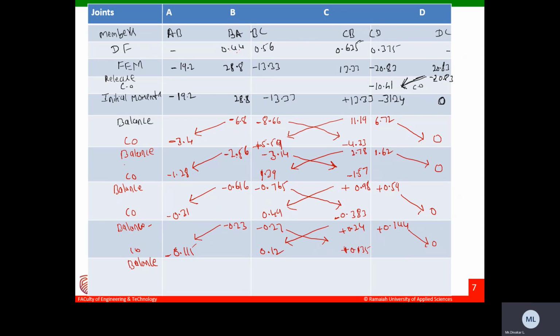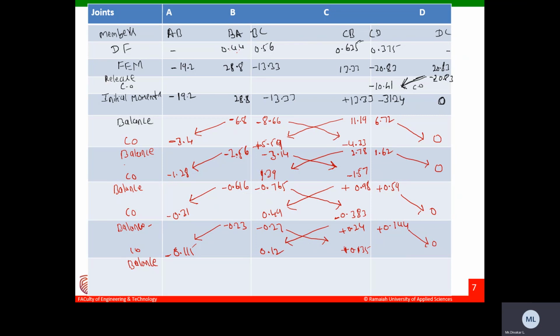Point, we'll cross check with this: 0.49 multiply with the 0.44, 0.21, 0.49. 0.49 multiply with the 0.44 is 0.1, 0.21, 300.